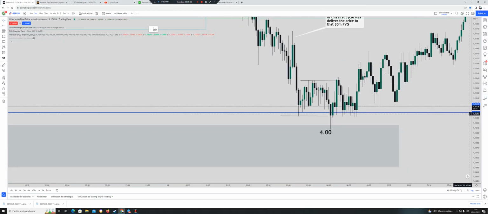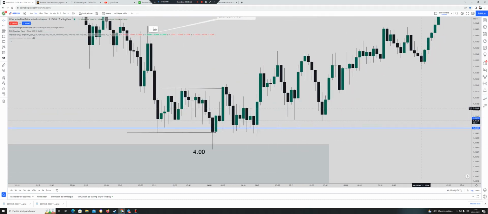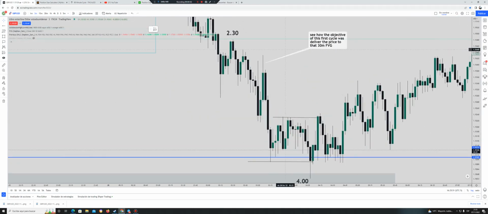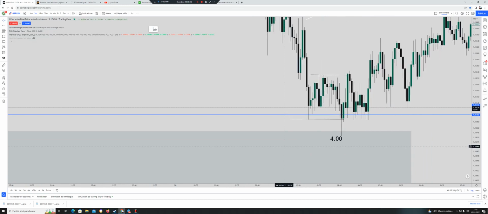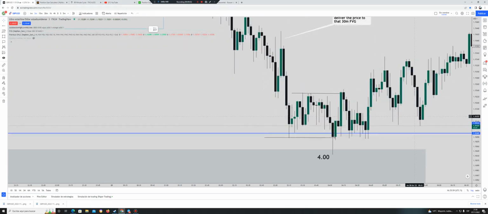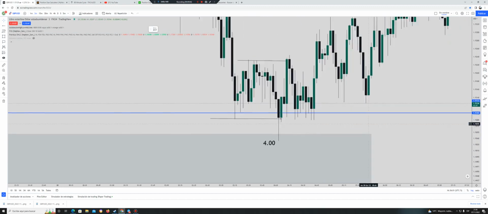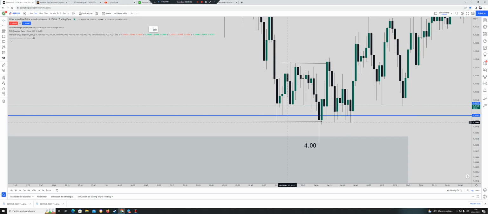This is the same cycle I showed you in the last one, because it is very simple. So in the first cycle, the CLS took the price to the fair value gap, taking the Asia low, and now we wait for the fall. What we have here is price taking the low, then breaking a structure.